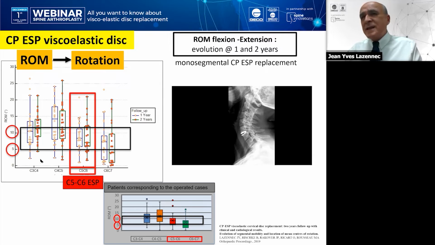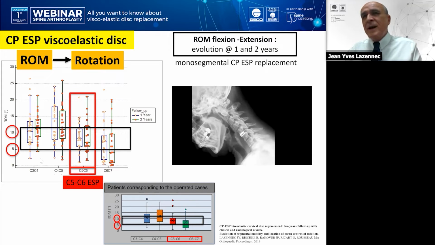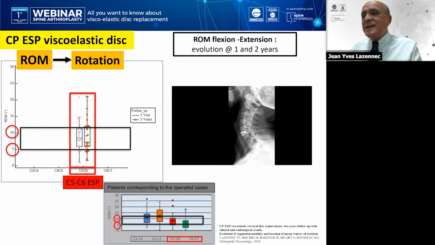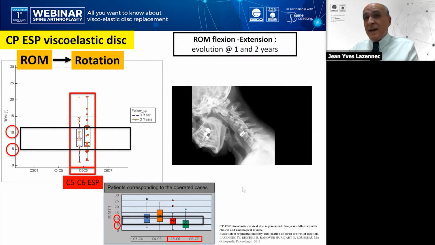You can say to me, this slide is too busy. So I look only at the C5, C6 ESP. And you see that when you look at the follow-up for 1 year and 2 years for a monosegmental implantation, we are in the range of what is expected in the population we generally operate.